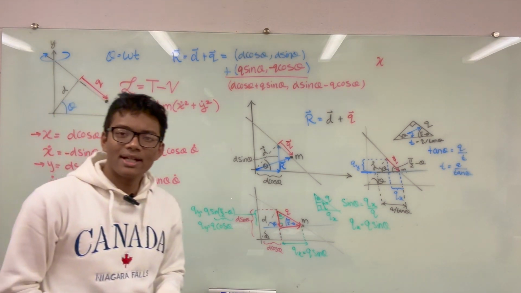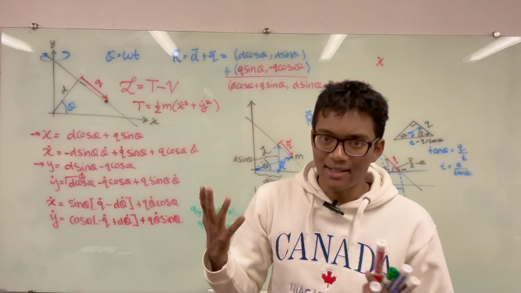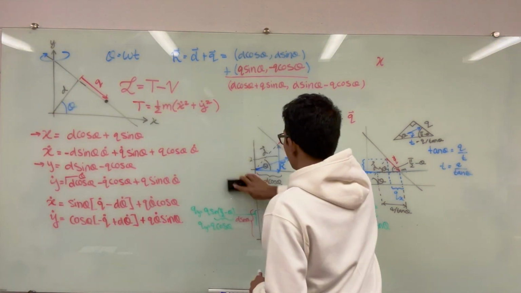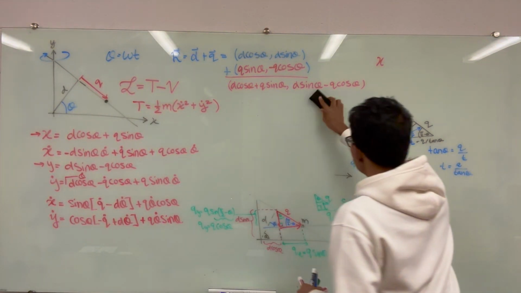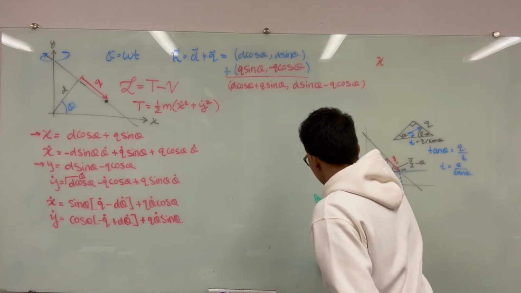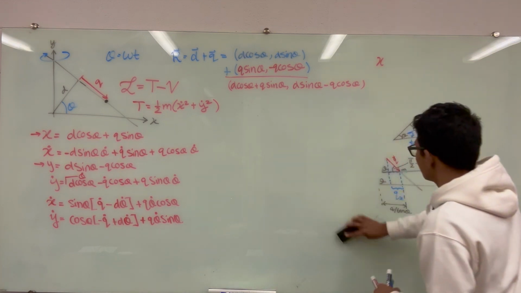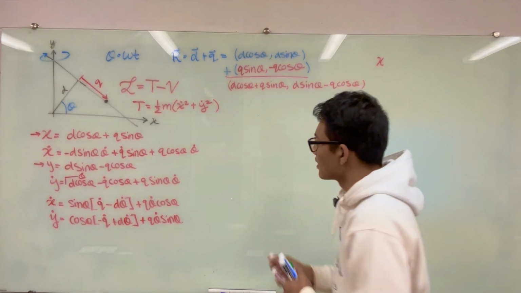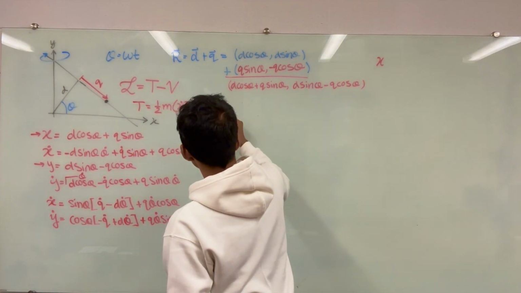Now we're going to go ahead and square both of these and add them up, so that we can calculate our total kinetic energy for our particle. So let's erase all of this and calculate x dot squared plus y dot squared to determine T, the kinetic energy that we'll need for our Lagrangian. So the first thing I'm going to do is square x dot.